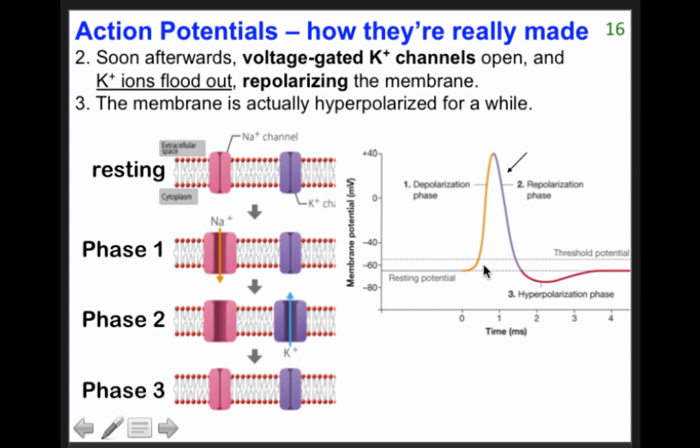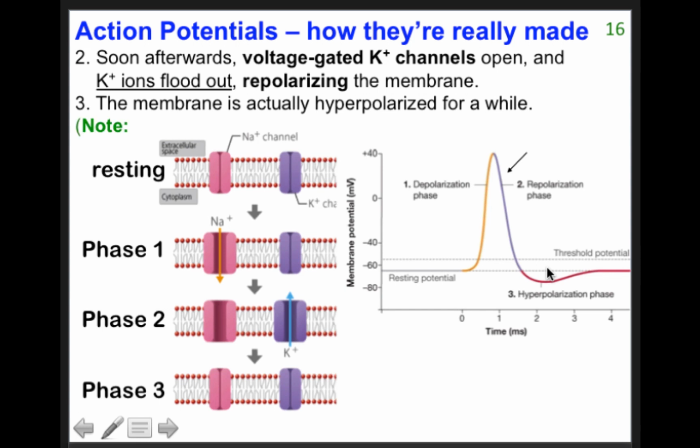We have depolarization caused by opening of the voltage-gated sodium channels, letting sodium ions flood in and make everything positive on the inside. Then potassium ion channels open and let a bunch of positive potassium ions leave, and that causes it to go back to negative and even get hyperpolarized for a bit.